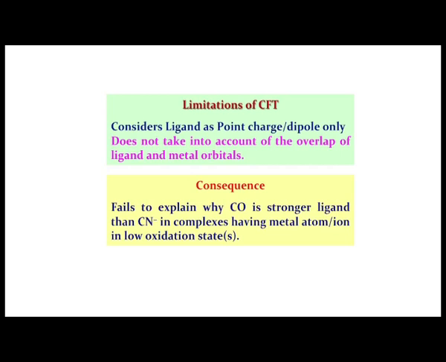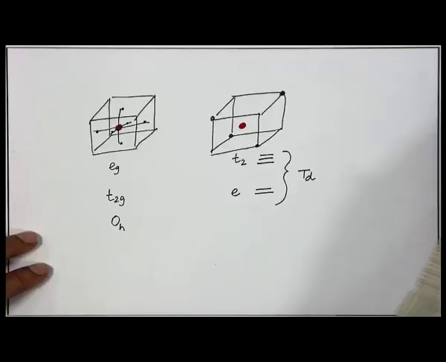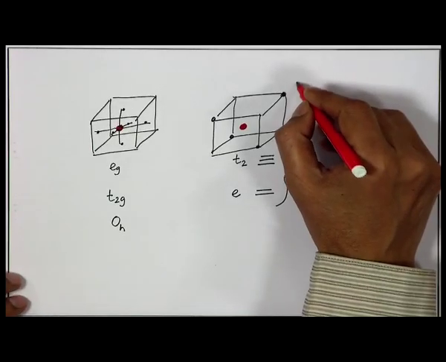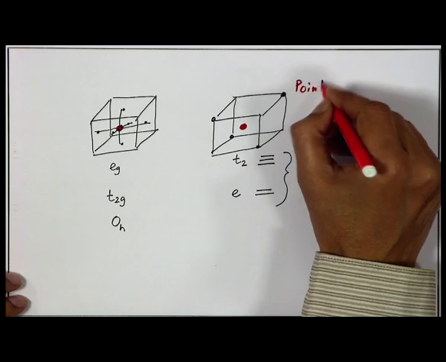So, like valence bond theory, crystal field theory also has some limitations, but it can explain many more things which we cannot explain in the case of valence bond theory. Here the very basic assumption we take is that we are considering these ligands as point charges, but whatever ligands we can have, they cannot be point charges.